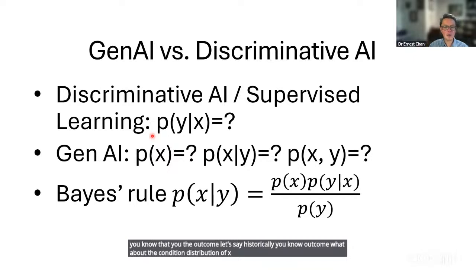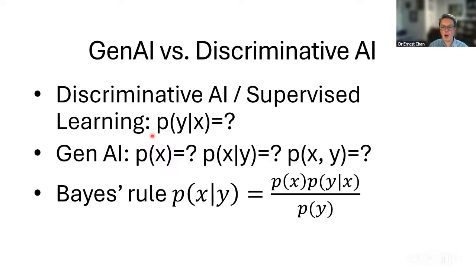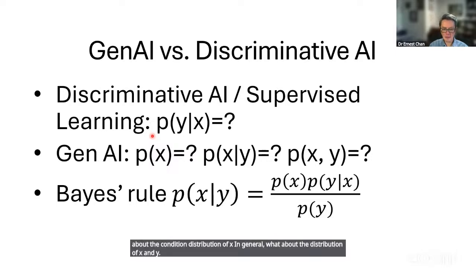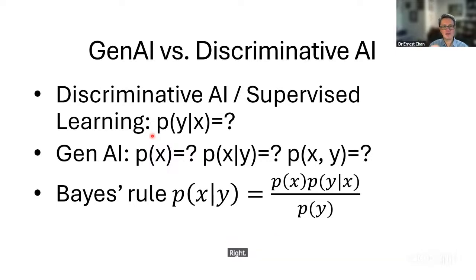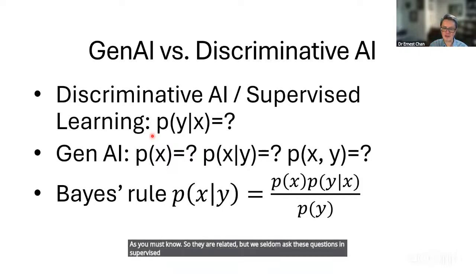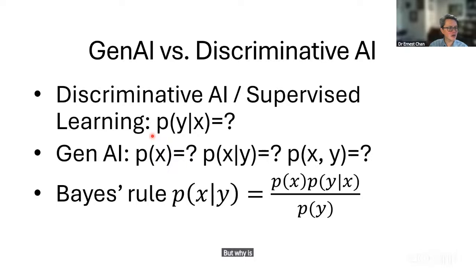In general, what about the distribution of X and Y? All these probabilities are related by Bayes' rule, as you must know. So they are related, but we seldom ask these questions in supervised learning. We always focus on P of Y given X. But why is generative AI interested in all these other quantities in this Bayes theorem?